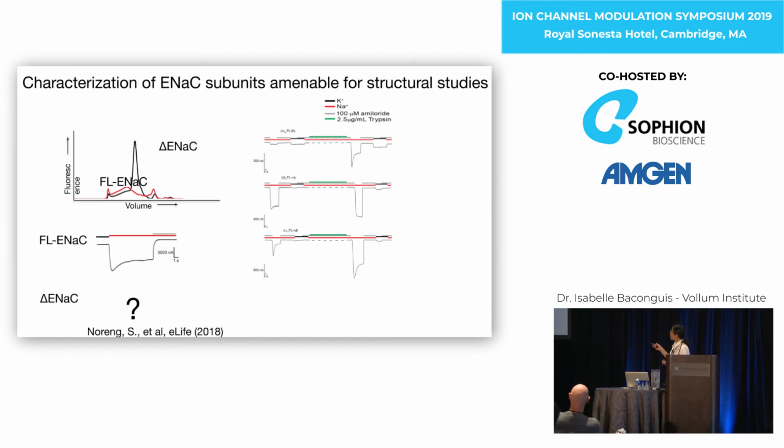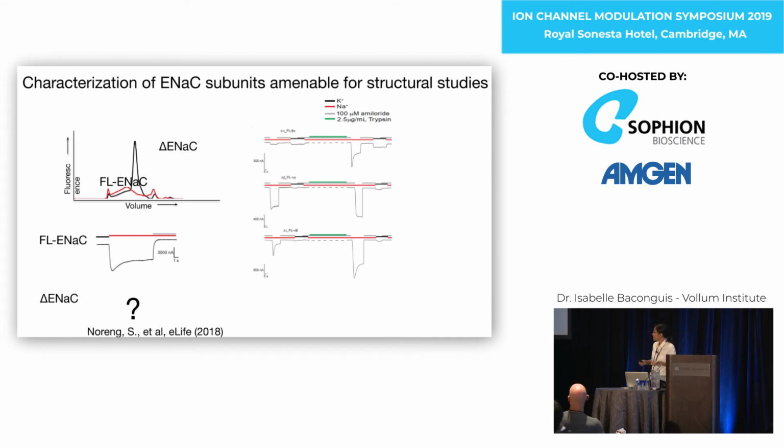And so first, to get a homogeneous sample, what we had done was actually mutate all what we thought were the protease sensitive sites, the sites that would be cleaved, and basically that would render the extracellular domain completely uncleavable. And second, we also removed large regions of the cytosolic domain so that any floppy domains would be removed. So it's a kind of a classic move.